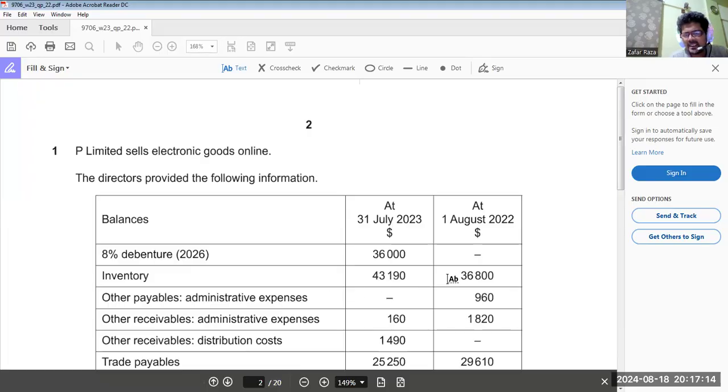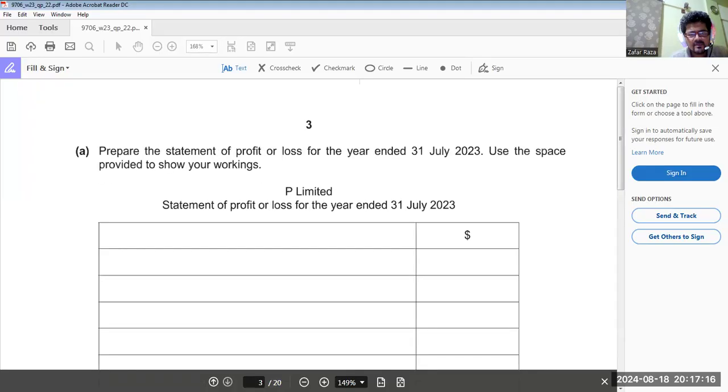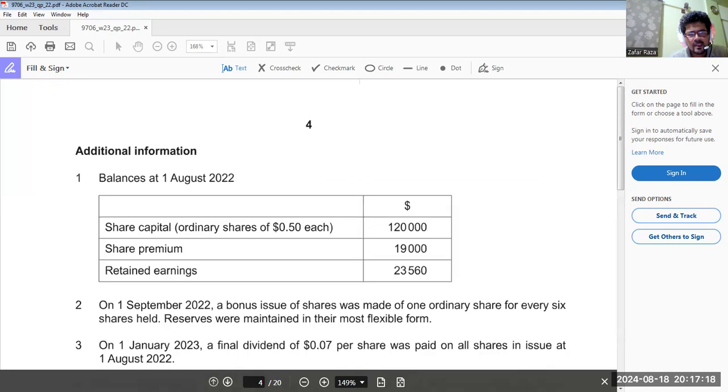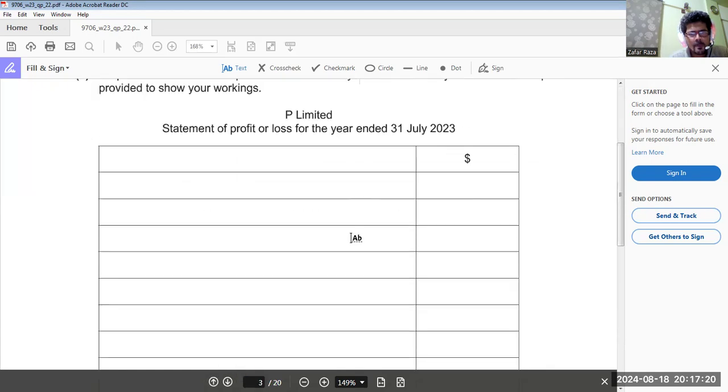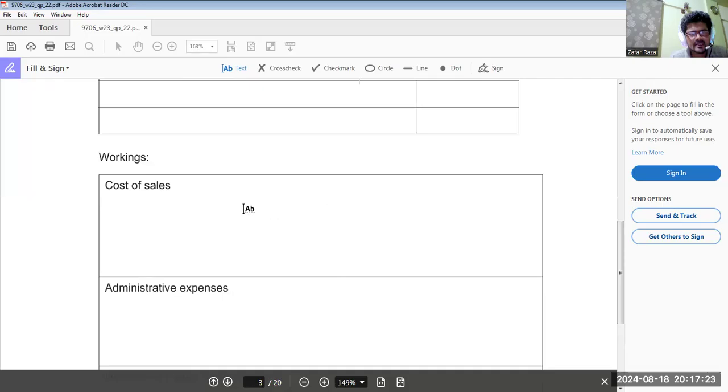Opening inventory here is 36,800. We'll write it over here.